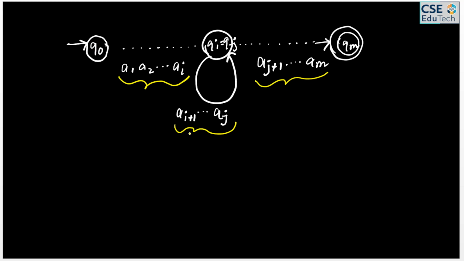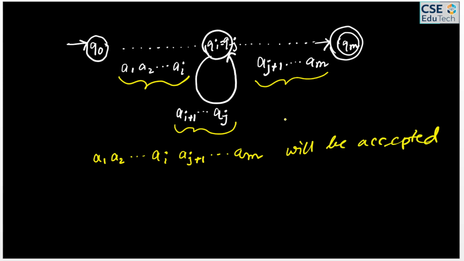So from this diagram we can also conclude that a1 a2 ... ai a(j+1) ... am will be accepted, because after reading a1 a2 up to ai you will go to this state, and from here after reading a(j+1) to am, it will go to state Qm, accepted. So this will be accepted by this automata.